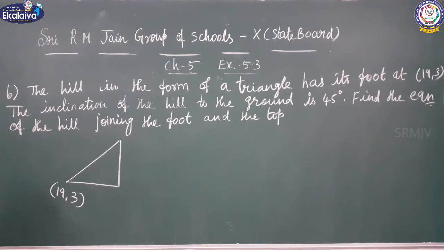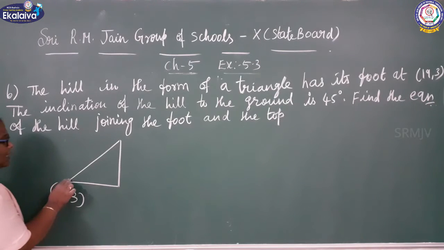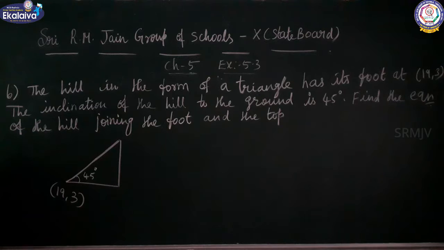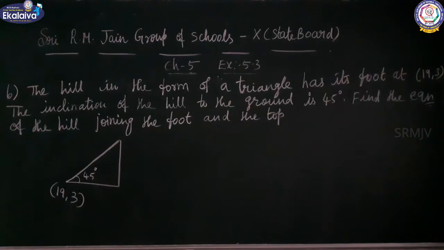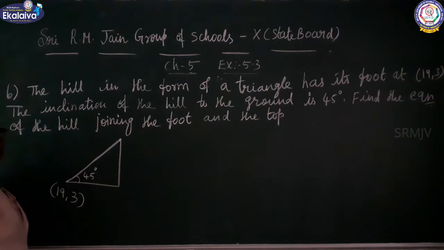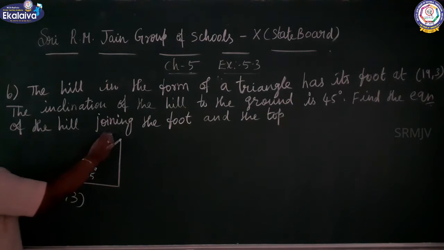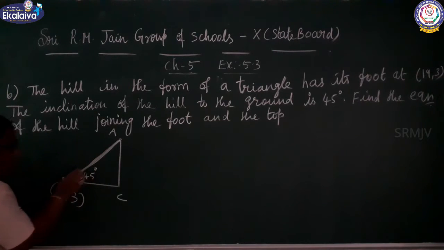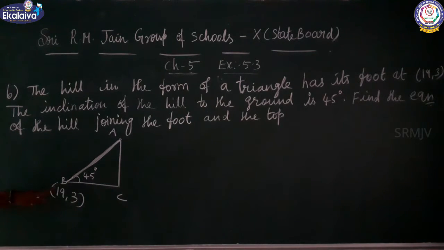The inclination of the hill is 45 degrees. Find the equation of the line joining the foot to the top. This is the top; you can take the points as A, B and C. You should find the line joining the foot and the top.